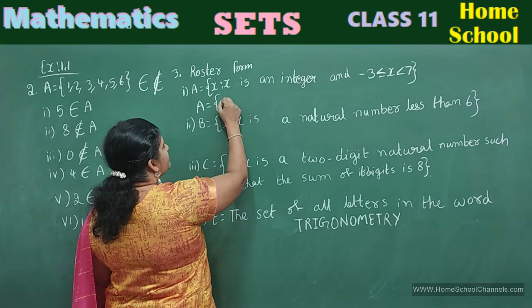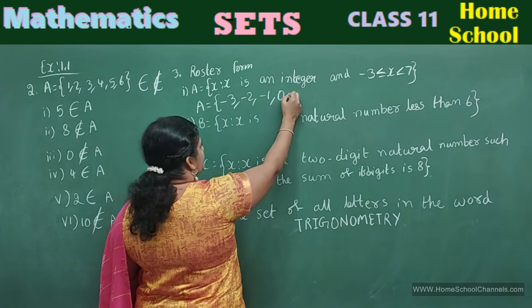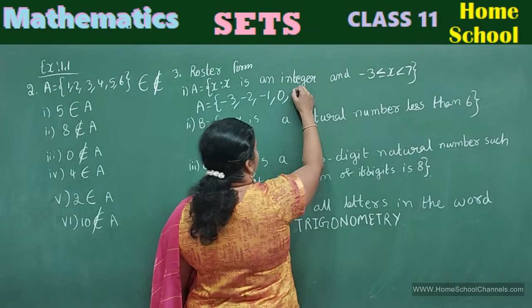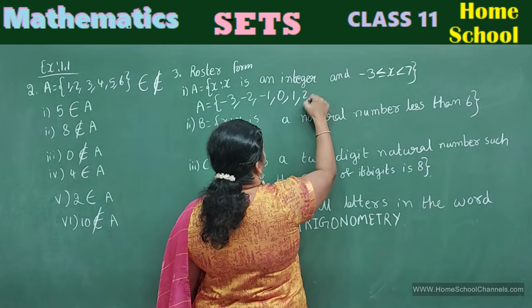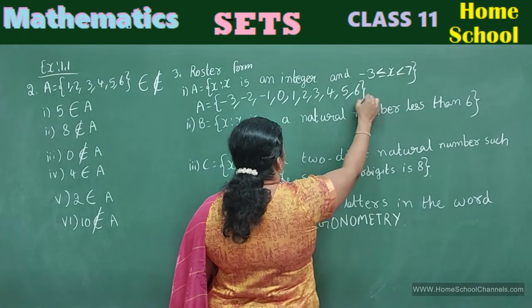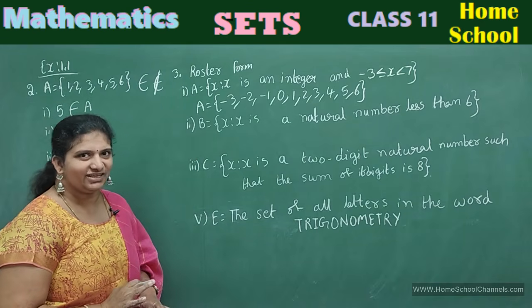That means minus 3, minus 2, minus 1, 0. List the numbers, separate with commas and enclose with the brackets. 0, 1, 2, 3, 4, 5, 6. That's it. 7 we should not take, since it is less than 7. Okay.